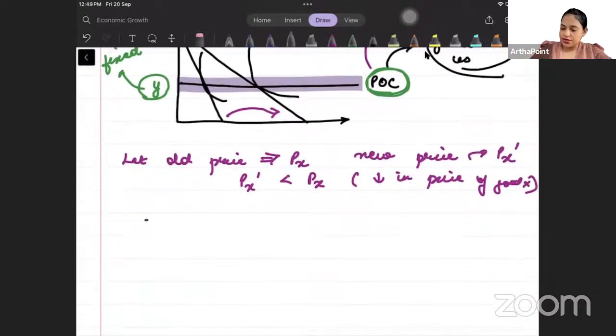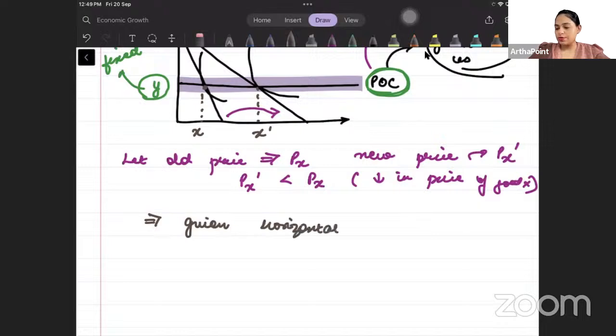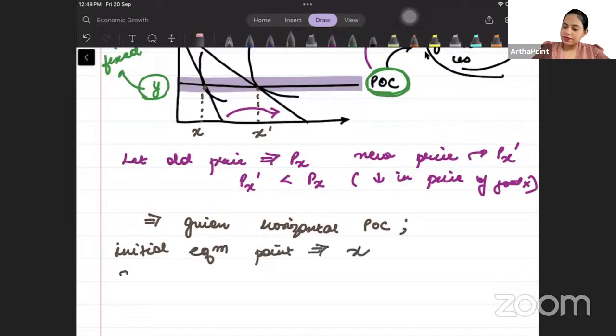So this implies that because it is given that there is a horizontal price offer curve, the initial equilibrium point can be taken as X and the new equilibrium point can be taken as X dash.